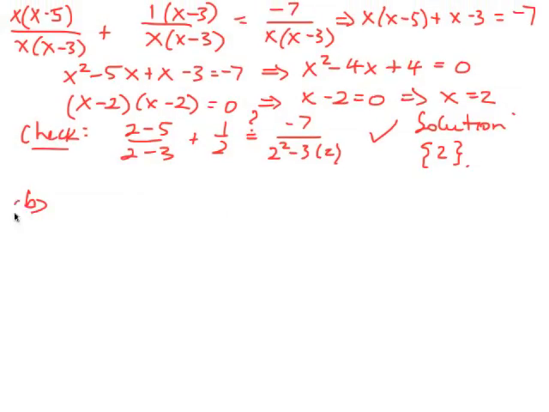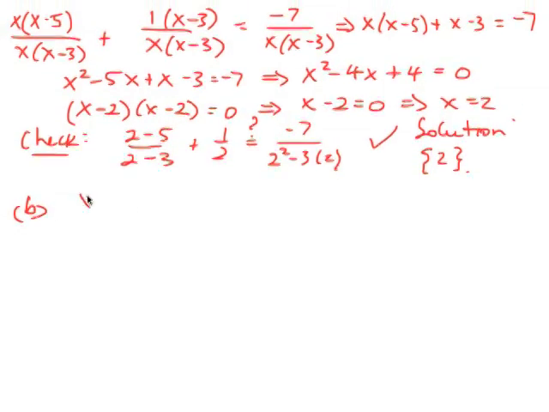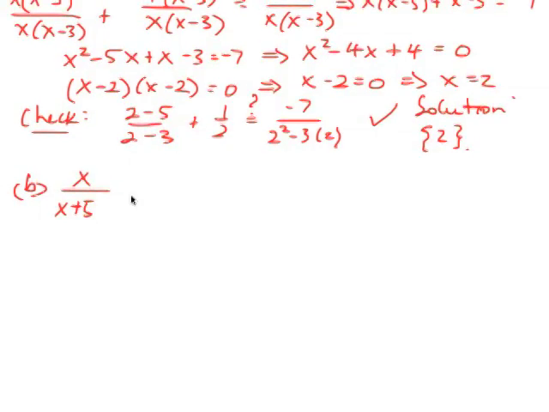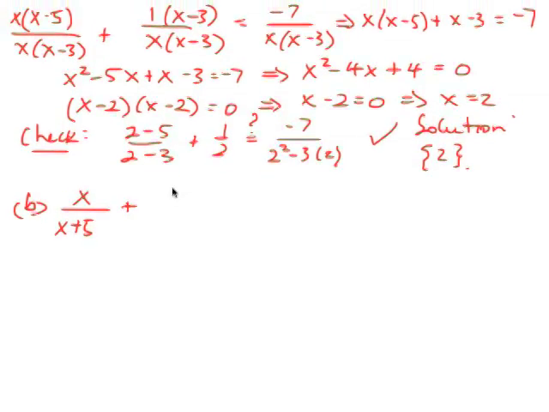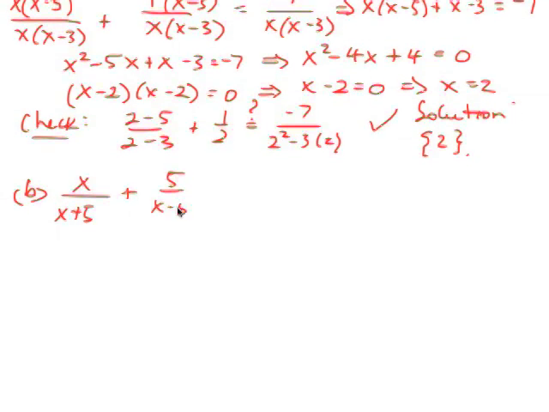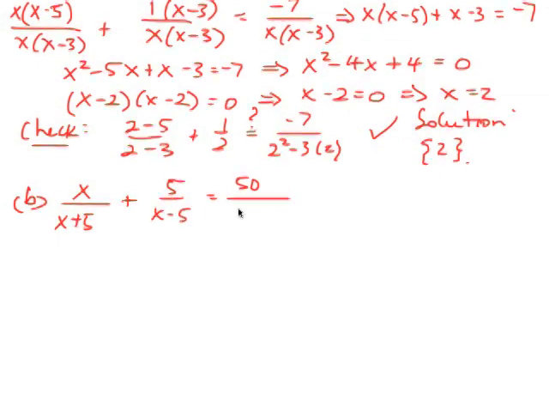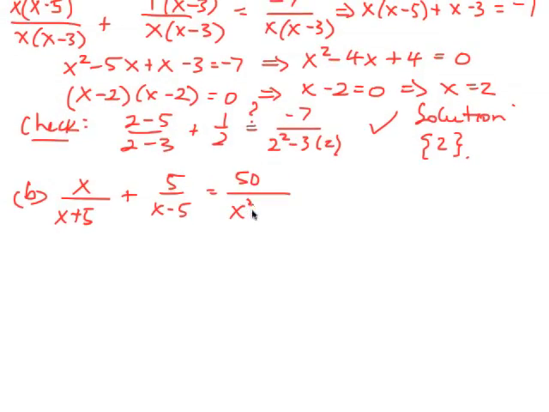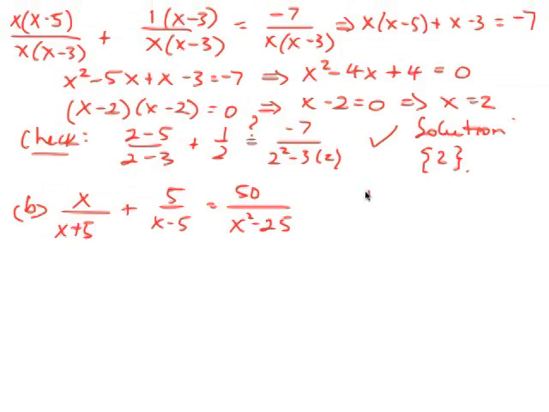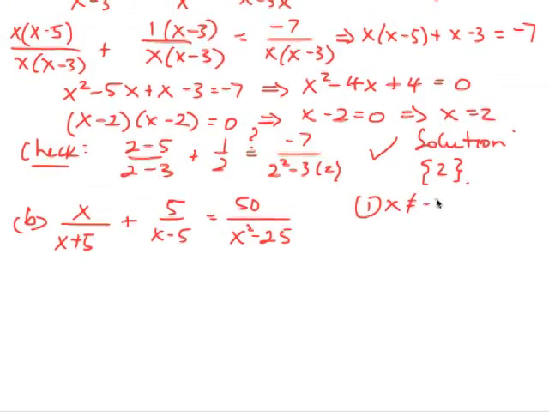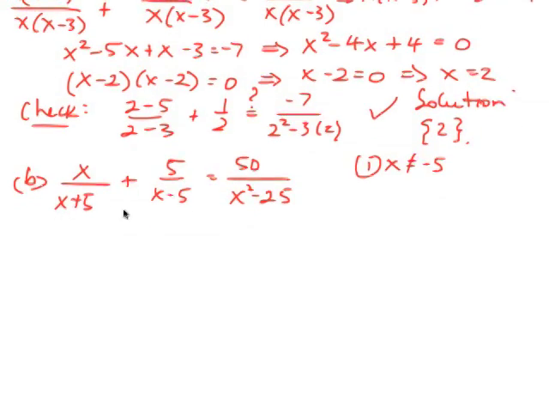Okay, part B, let's look at x/(x + 5) + 5/(x - 5) equal to 50/(x² - 25). Number one, notice that we can't have x equal to -5, or this would be 0 here.